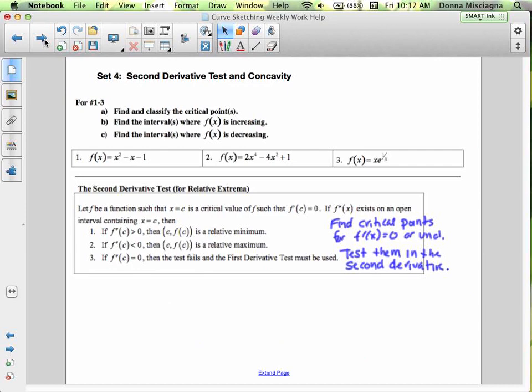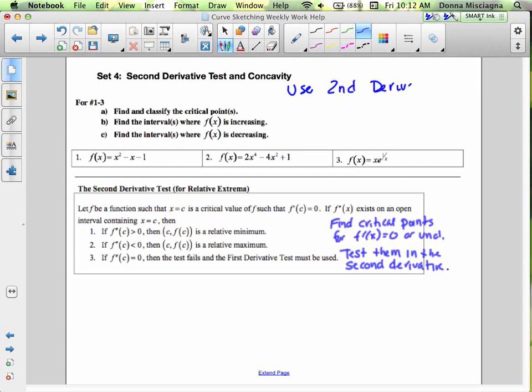All right, so for these, this is the critical point, and we're using the second derivative test to determine increasing and decreasing.